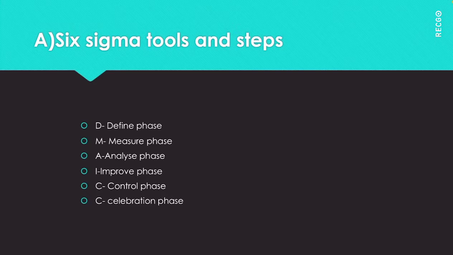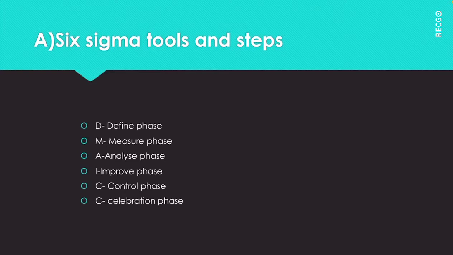The next stage is the analyze phase. In this stage, we analyze the data to understand the voice of the customer. Whatever data is collected from the voice of the customer will be analyzed and examined. This helps to evaluate the reasons for occurrence of the problem and the potential root causes.